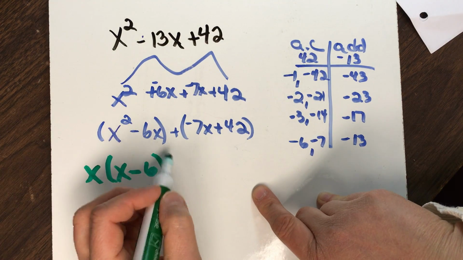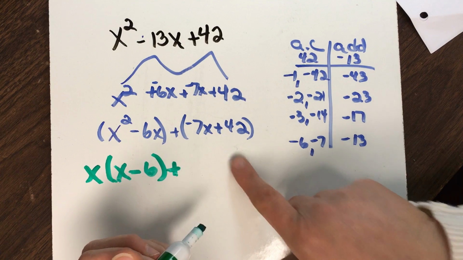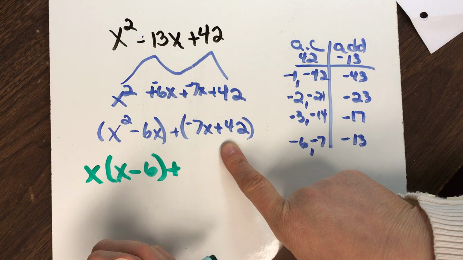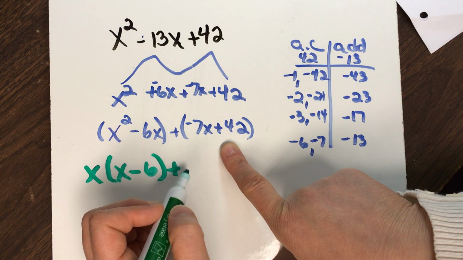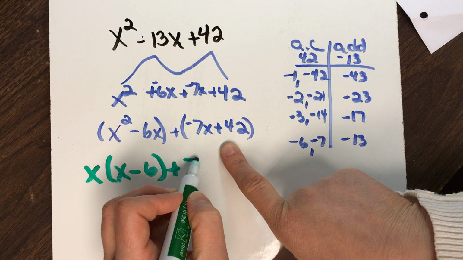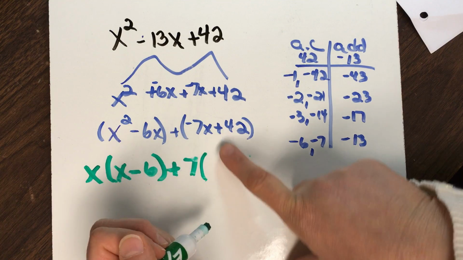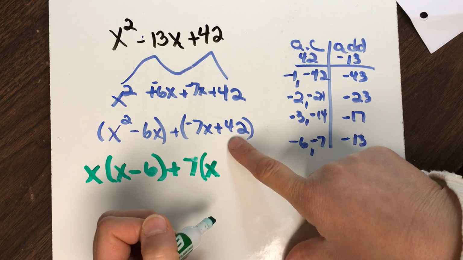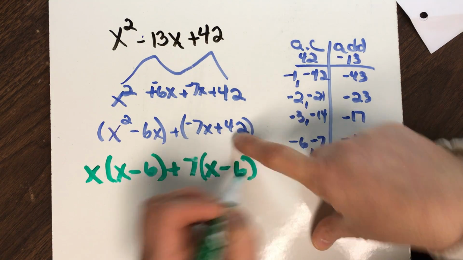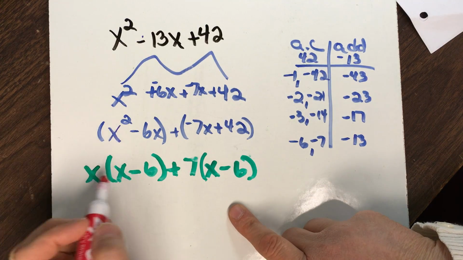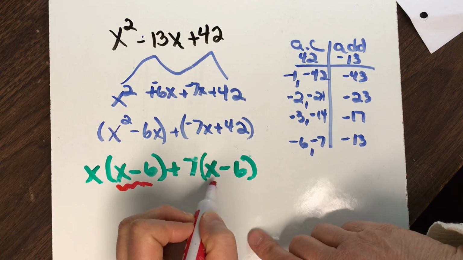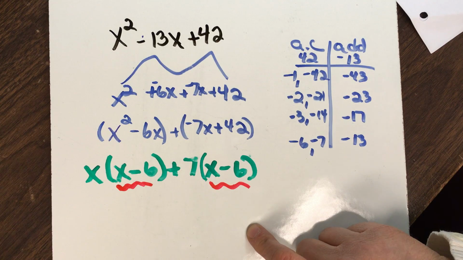And then on this side, I can take a -7 out of both of these. If I take a -7 out, that leaves me with x here, and that leaves me with a -6 here. My brackets match here and here, so I know that I've done this step correctly.